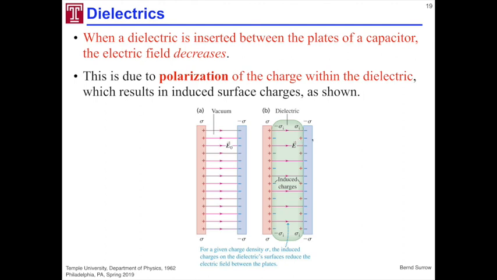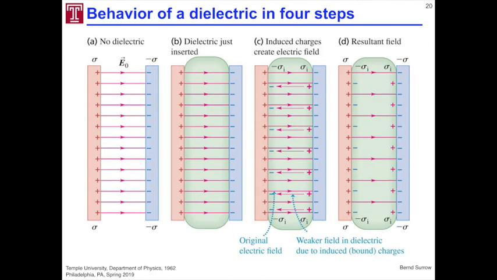What is now the net effect on the overall electric field in between? That's what I want to show you in this flow chart going from left to right. On the very left-hand side under the node dielectric, you see the overall electric field, the bare electric field just in vacuum. Now the dielectric material was just inserted.